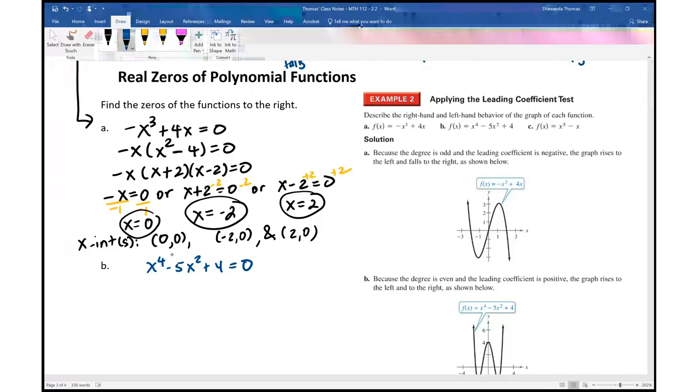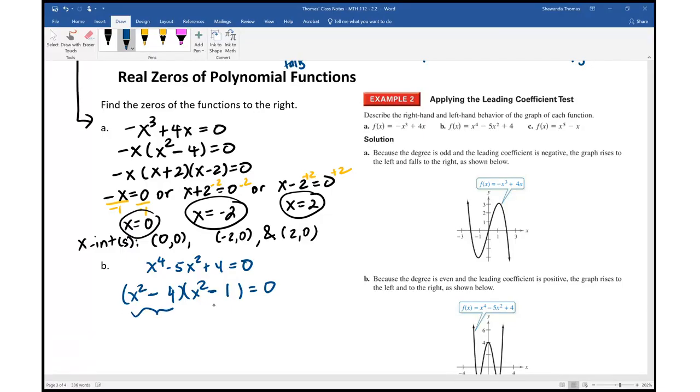Factors of 4 that add up to 5: negative 4 and negative 1, because negative 4 times negative 1 is positive 4.